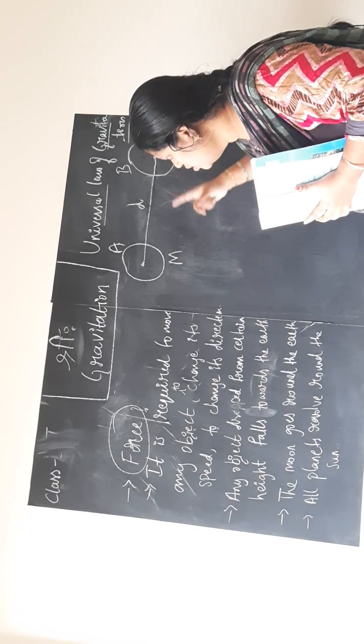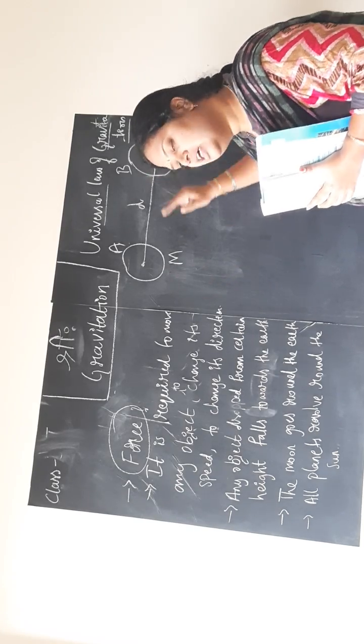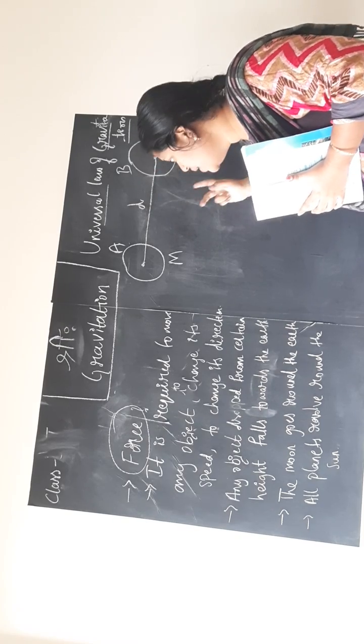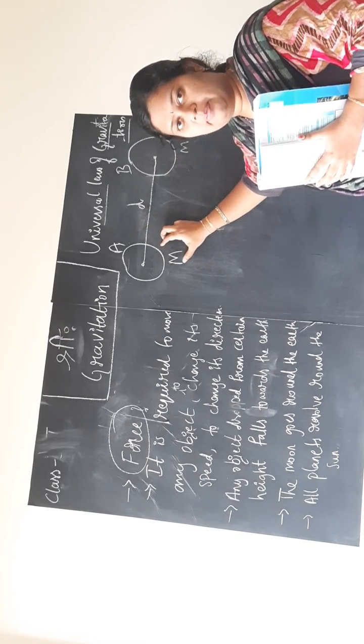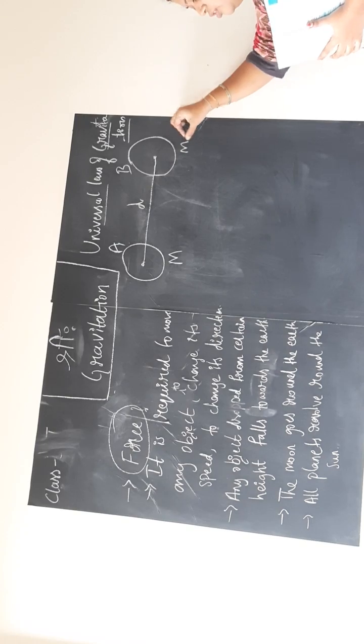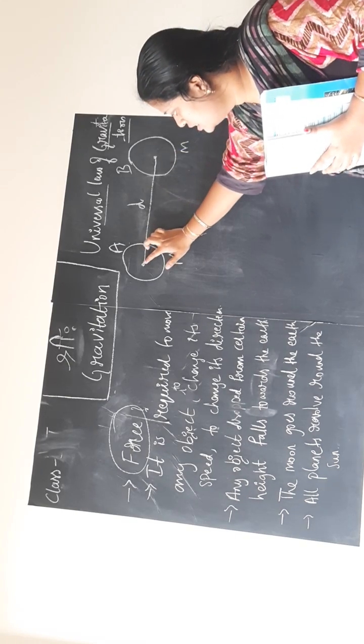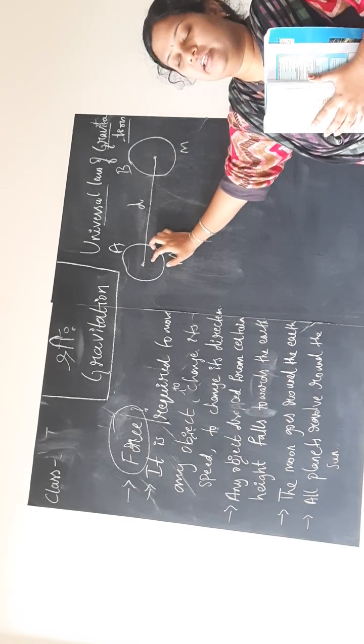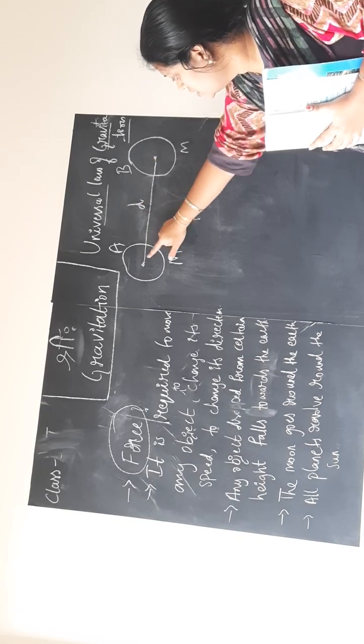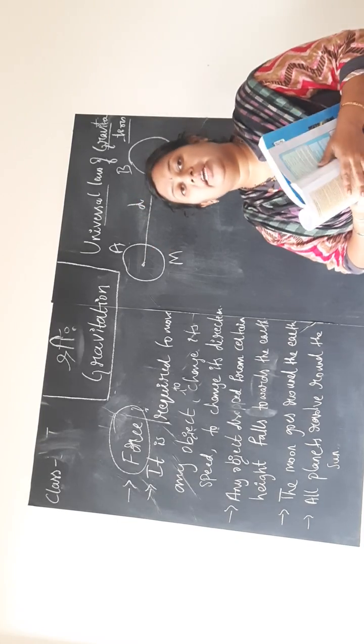A and B are two objects exerting force on each other. The mass of the first object is capital M, the mass of the second object is small m, and the distance between their centers, from center to center, is d.